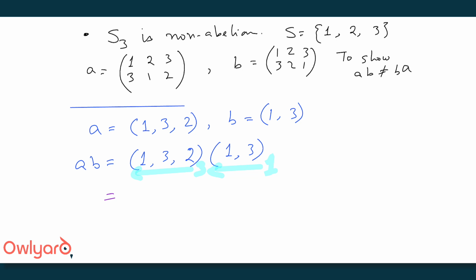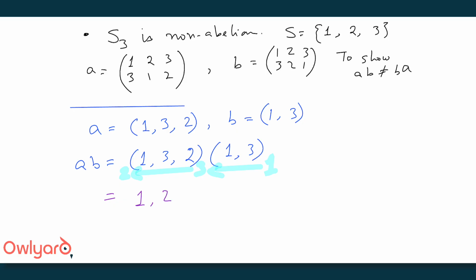Of course, everything has to happen from right to left, because that's how you are applying it. You are acting on each of the elements of the set. And then 3 goes to 2, right? So what I find here is that 1 goes to 2.